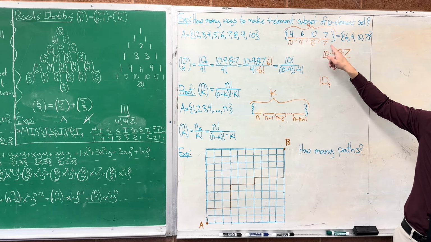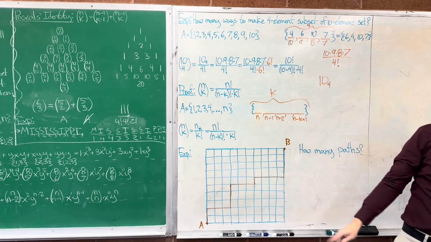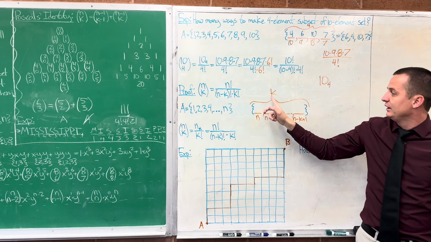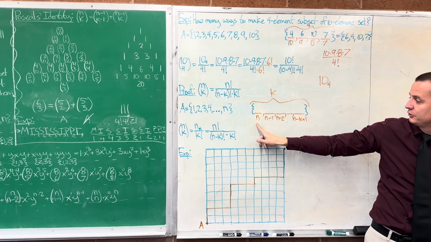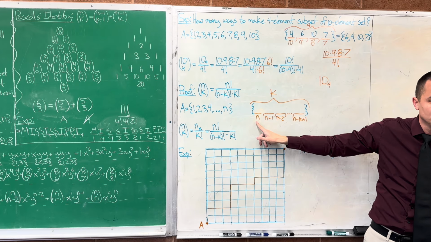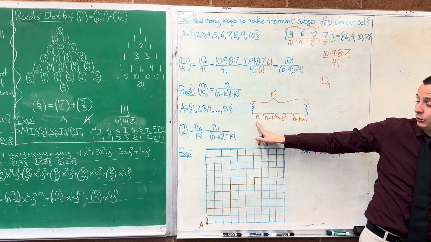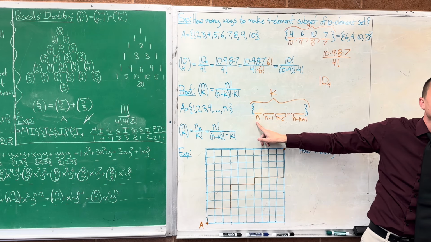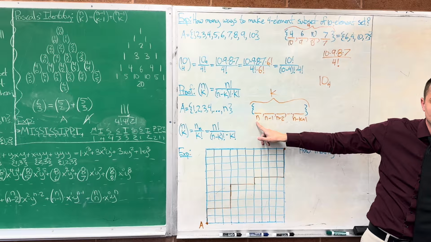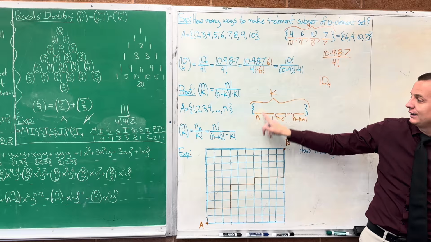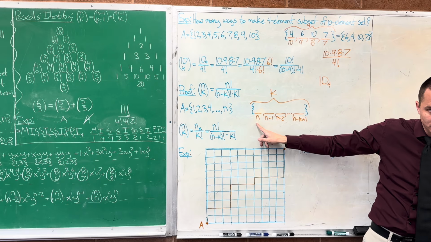Minus 4 is 6, plus 1 gets us 7. Think about it when k is only equal to 1. How many options did I have for what goes here if we just did a 1 element set? Then it would have been n options. Not n minus 1 options, n options. So it's not n minus k, it's n minus k plus 1.